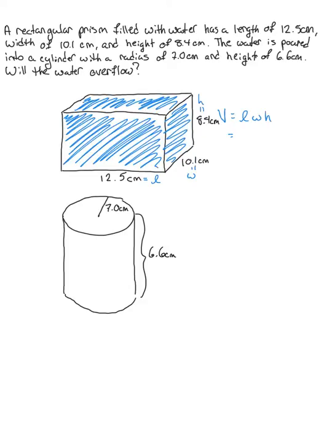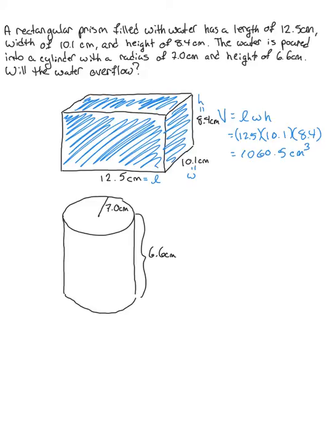I'm just going to leave the units out because I've only got a little bit of space here. So we have 12.5 times 10.1 times 8.4, and that will give us 1,060.5 centimeters cubed. So that's how much water we want to see if it will fit into the cylinder.